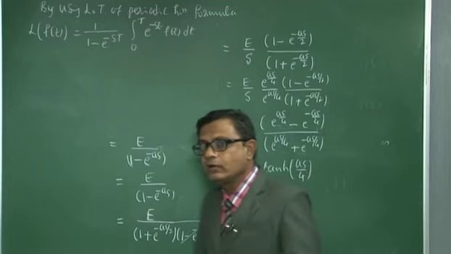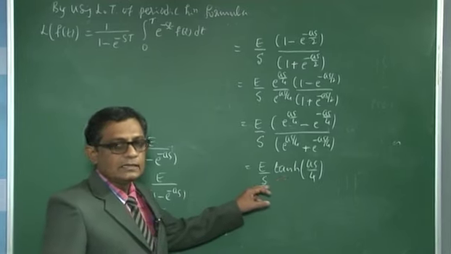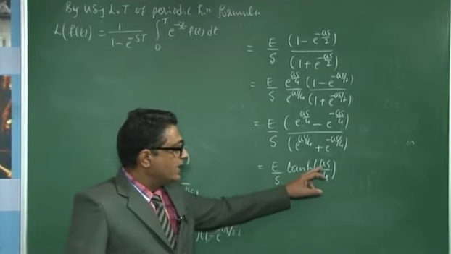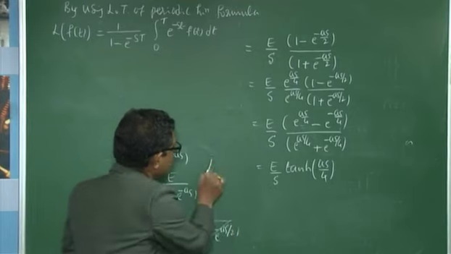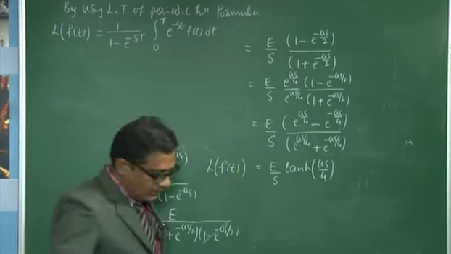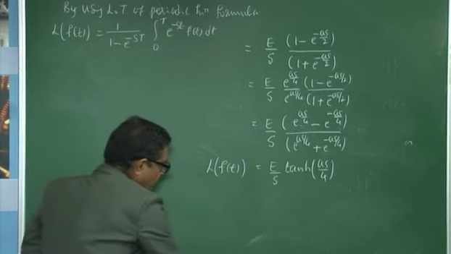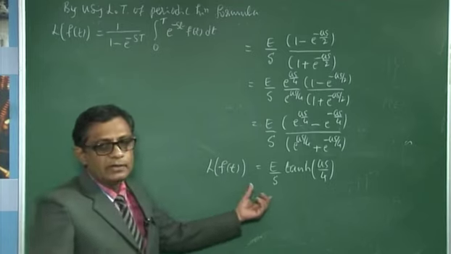Yes, now we got the result, e by s tan h as by 4. What is your LHS? L of f of t only, L of f of t, we got the required result.